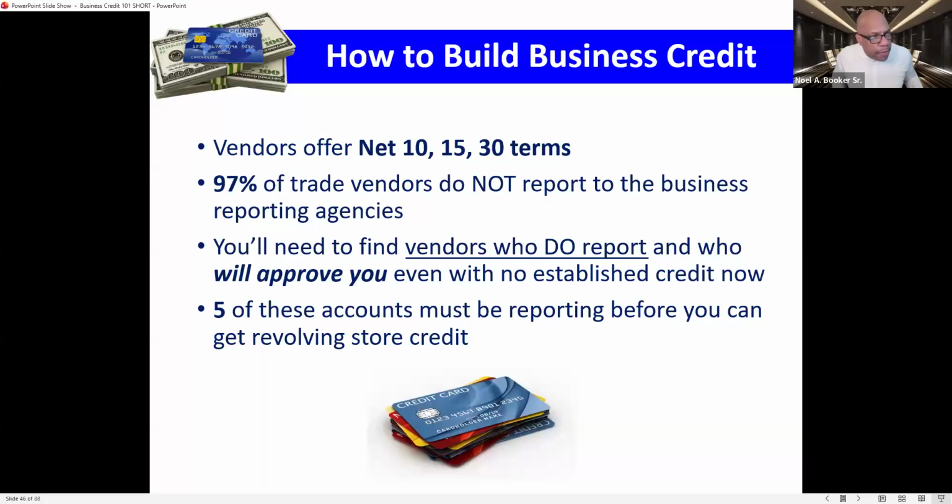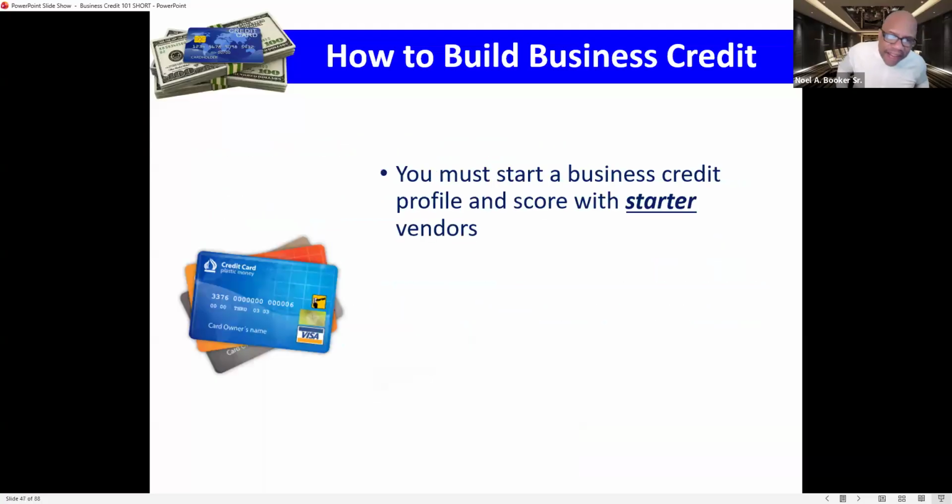When I tell people to start building business credit, I tell them that the first goal is to get 5 accounts: three that report to Dun & Bradstreet, one to Experian, and one to Equifax. When you get these accounts, you have to know who they report to, so you'll know what report to pull to see when you make that payment. I hope that makes sense.